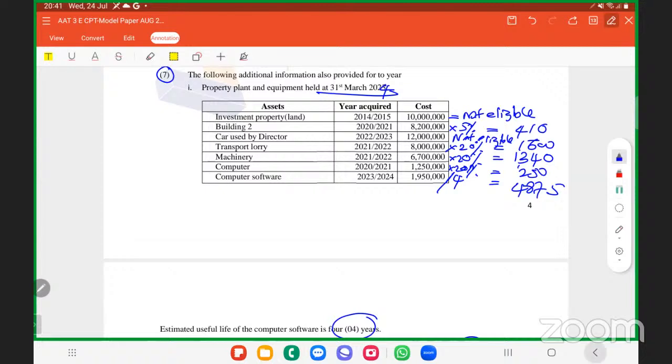Okay. Now that's all. Please take the total. Yes, thank you. Total should be the capital allowance. Total capital allowance should be 4,087.5. 4,087.5, isn't it?